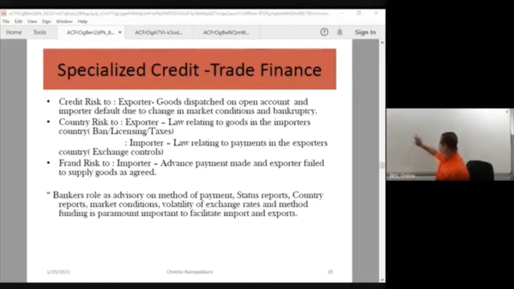Now, if we consider A as an importer and C as an exporter, if A wants to import something from C, first what we will get is, C will originate a pro forma invoice.